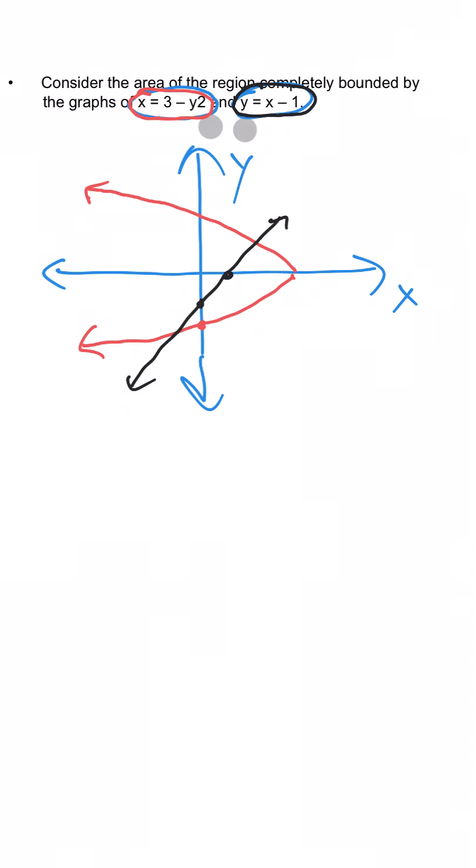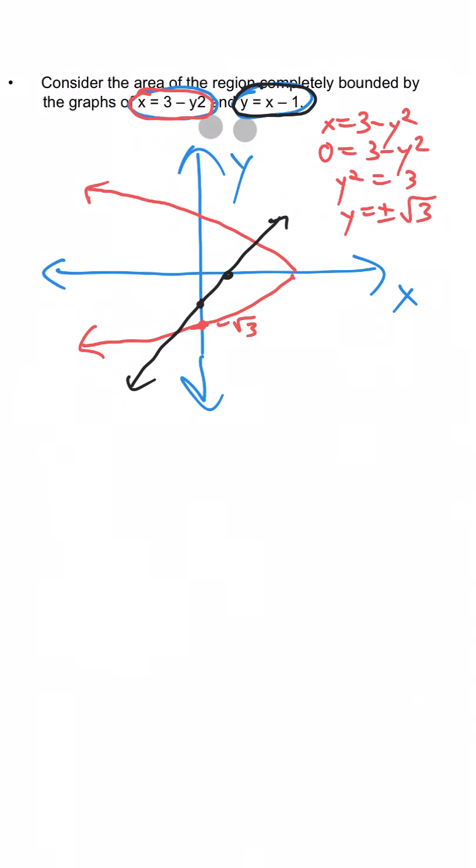If x equals 0 for this equation, what do we get? We get y squared is equal to 3, or y is equal to plus or minus the square root of 3. All right, that's clearly bigger than 1, so this must be like negative square root of 3 right here. So it makes sense that what we drew makes perfect sense.